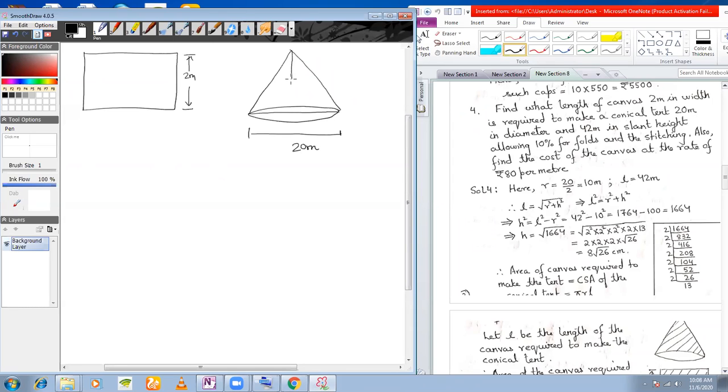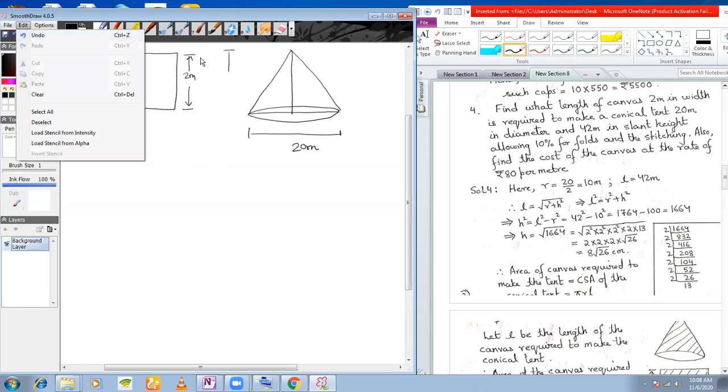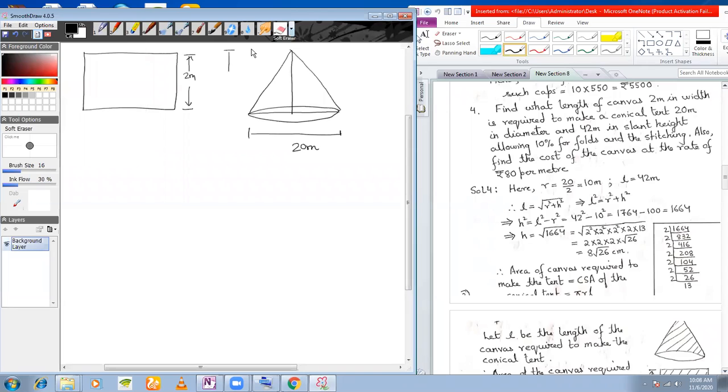So from here up till here is the slant height, 42 meters.